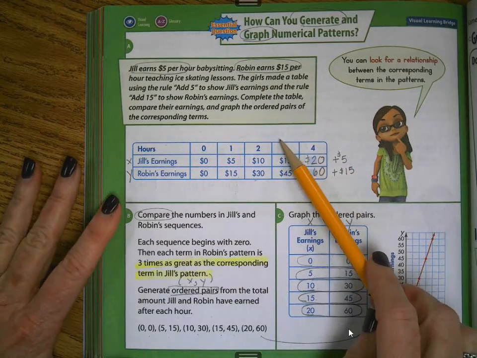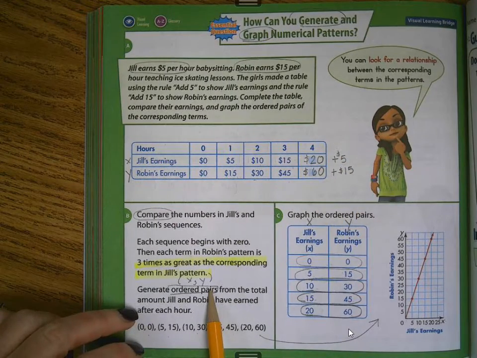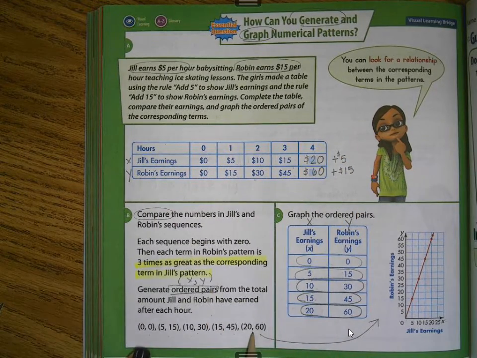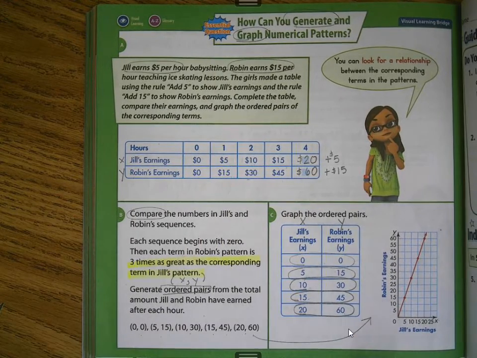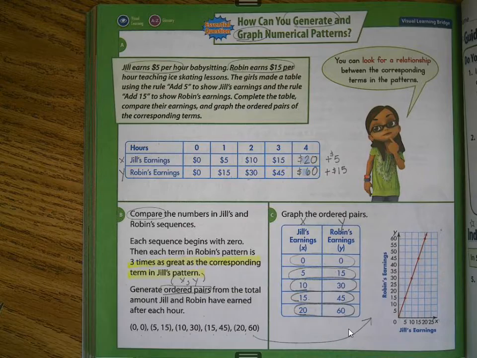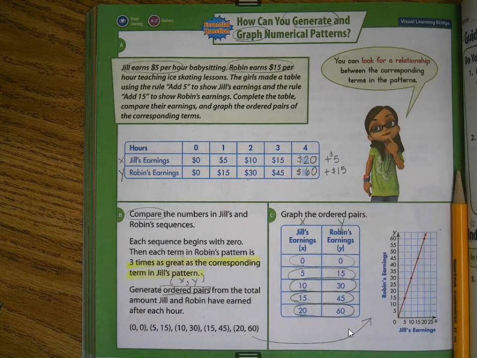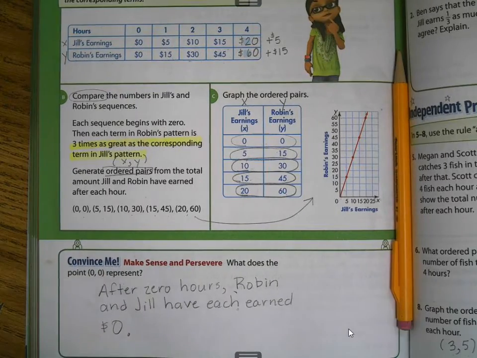Then you take your table, look at your corresponding terms, and write your ordered pairs from them. From that point, you graph them into quadrant 1, and you're creating a line graph. If it's right, your line makes a straight line with all points in order.